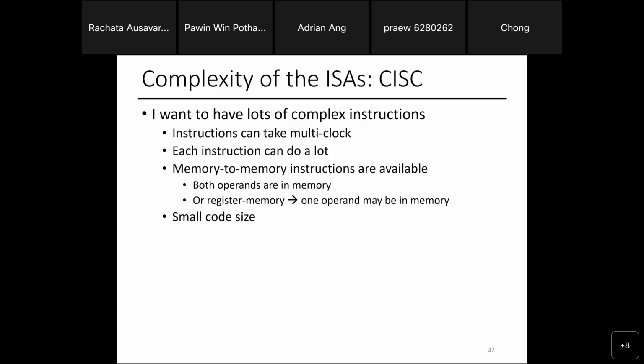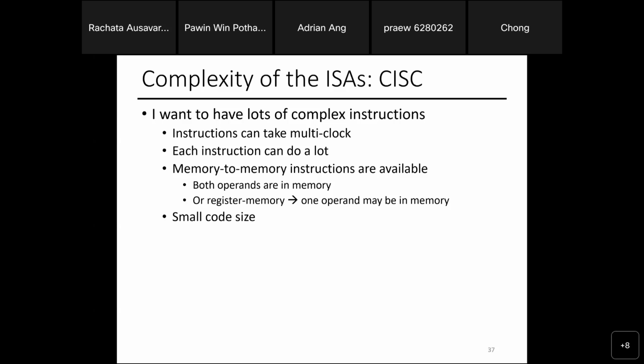I want to make sure the hardware can do vector add, vector multiply, because why not, right? And here's the trade-off. A complex instruction can take multiple clock cycles, and that's fine. If I want to do a vector add, like add a bunch of things in my array, that would take a while, because it's actually a bunch of add operations, and it's okay. Each instruction can do a lot.